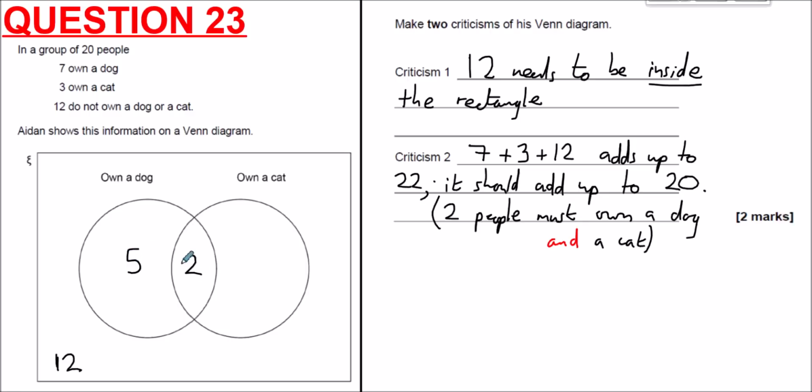So 5 plus 2 gives us 7. And 1 plus 2 gives us 3 for the cat. But now 5 plus 2 plus 1 is 8, plus that 12 gives us 20. So that's how the Venn diagram should look. And obviously it doesn't look like that. And so that's another way of thinking about what mistakes have been made.